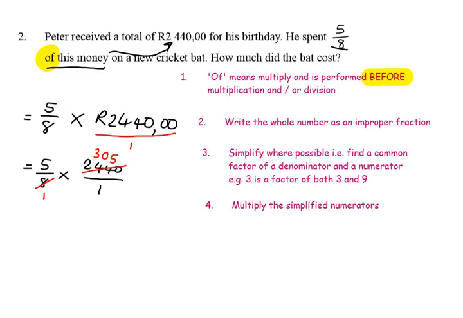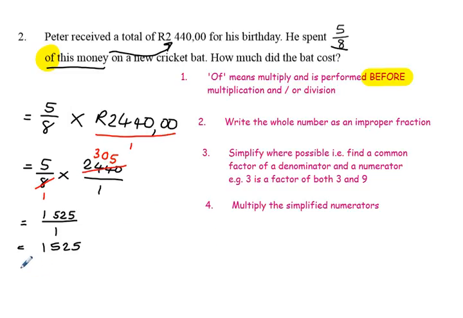So we are going to say 5 times 305 will give us a total of 1,525. 1 times 1 is 1 over 1, which is going to equal 1,525.